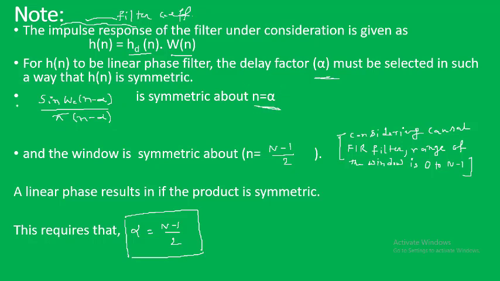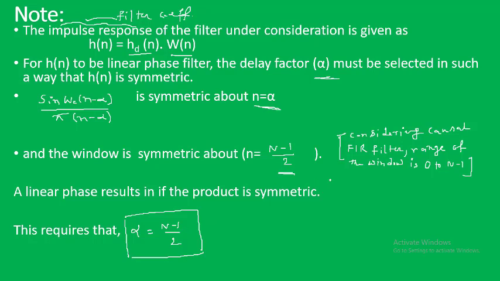When n equal to alpha, we get the 0 by 0 form, and the window is symmetric about n equal to N minus 1 by 2. That means we need to consider alpha as N minus 1 by 2. So the numerical value of alpha should be N minus 1 by 2.